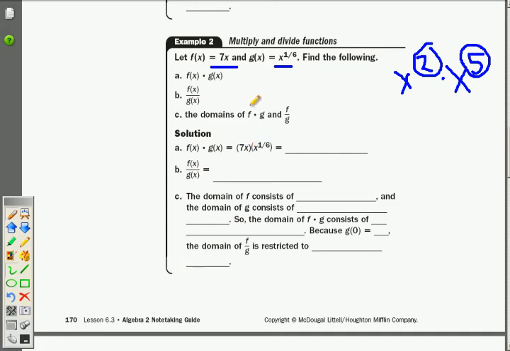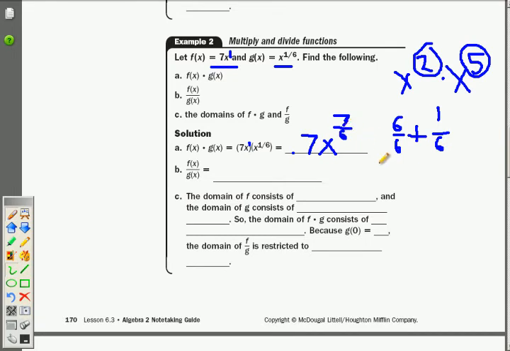I have 7x to the 1st power, so when I multiply them together, 7 times 1 is just 7. And then I have x to the 1, but 1 plus 1/6 is 1 and 1/6. Instead of calling it 1, I'm going to call it 6/6 plus 1/6. And so we're going to have x to the 7/6 power here.